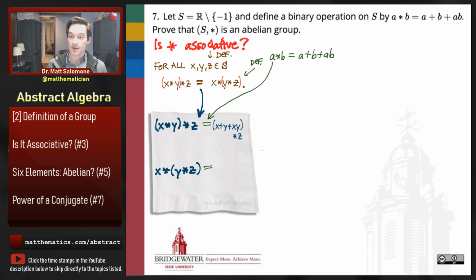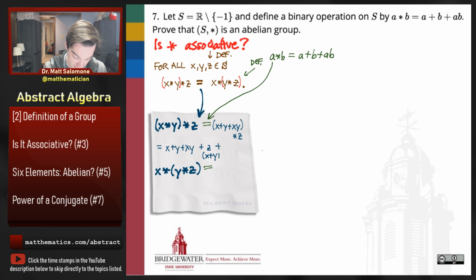That's what I get on the left-hand side of the equation. Then again, using the star operation, we take this whole quantity as my a, and the role of b is played by z. And we're going to get a plus b plus a times b.